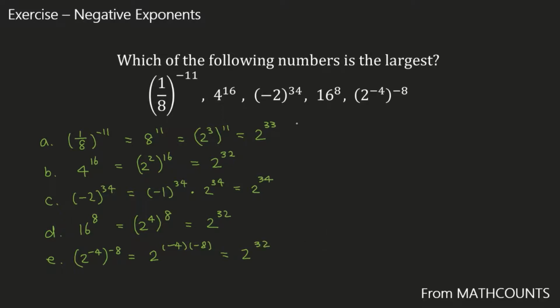So now we have all these 5 exponents converted to the same base, which is 2. When the base is the same, the larger the exponent, the larger the number. So in here, you can see 34th is the greatest exponent. So C, this number right here, is the largest among the 5. And that's our final answer.